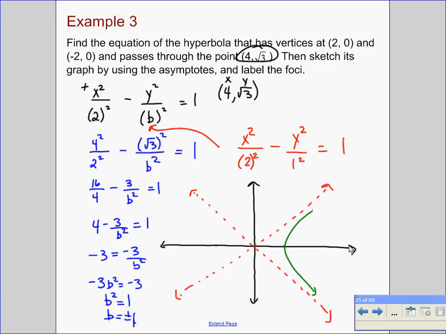It's going to get very close to those asymptotes, but it's not going to touch them. Okay. And so then, again, the points we need to find are our vertices. And in blue, I'm going to put our foci. And then, of course, the equations of our asymptotes.